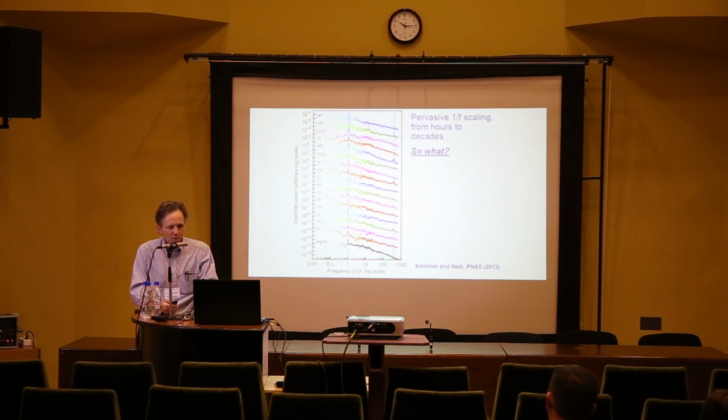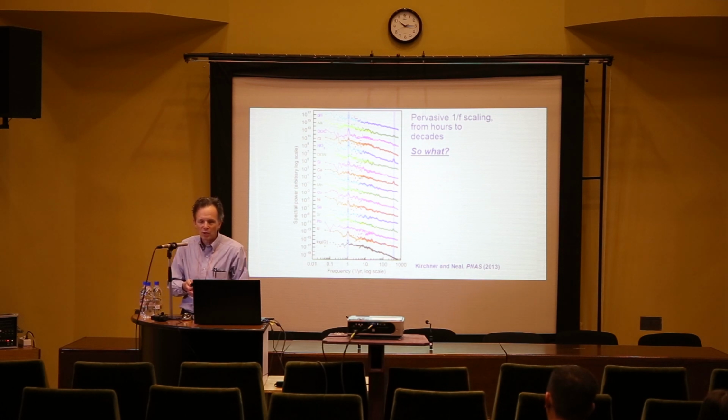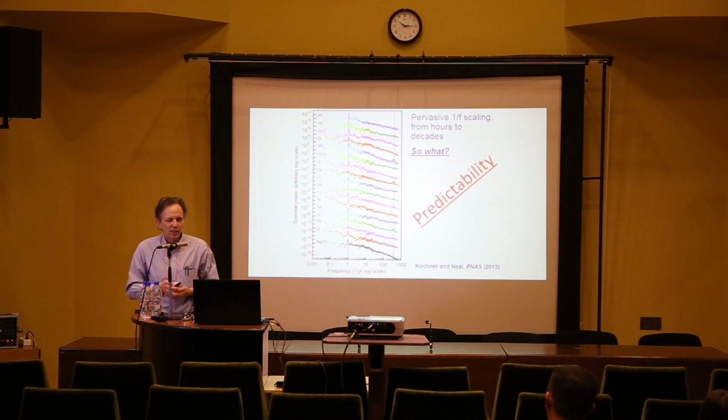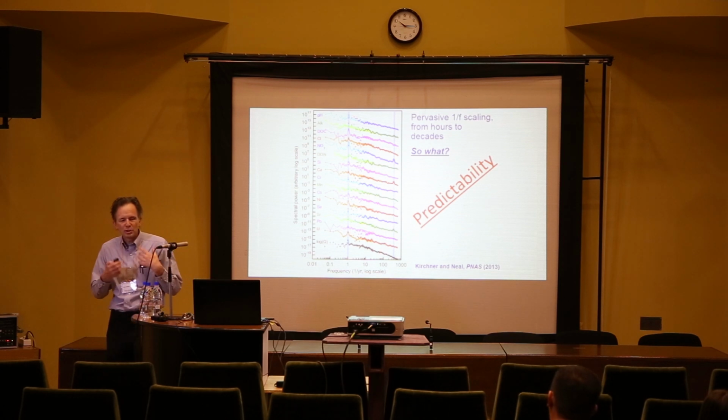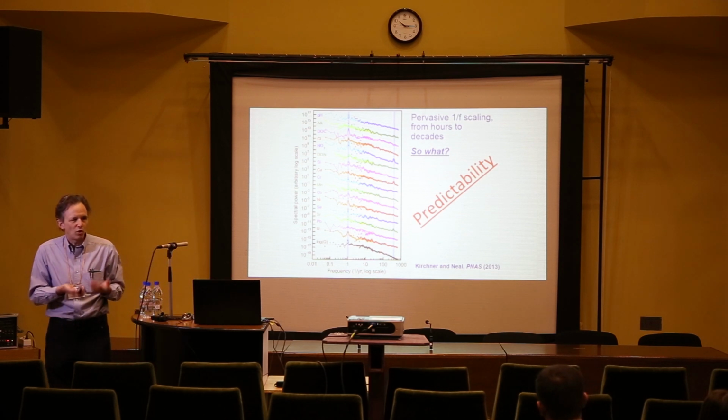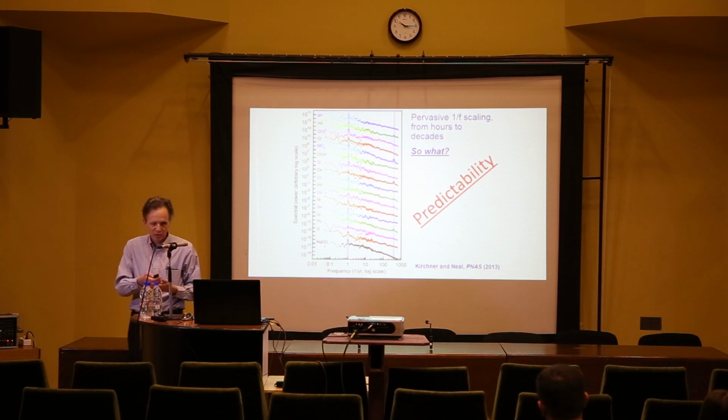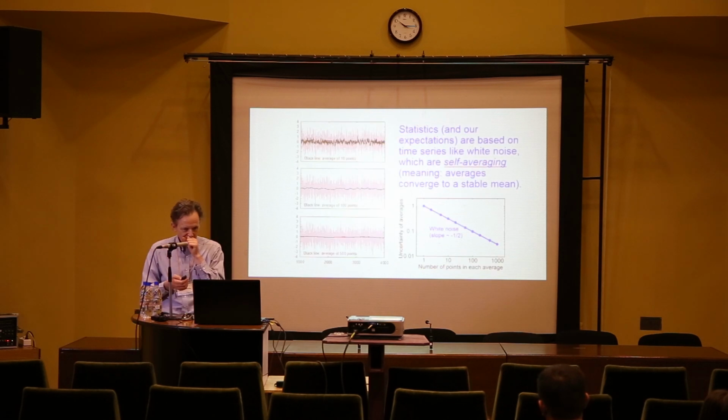Okay. But beyond the world of hydrological modeling and theory about how landscapes work, so what? Well, another kind of so what has to do with the predictability of trends in water quality on different timescales. So here's what I mean.